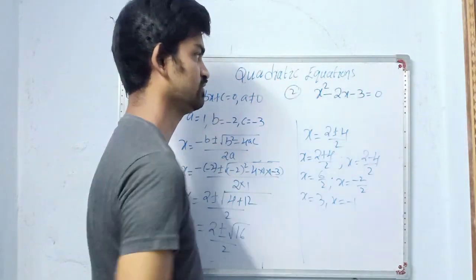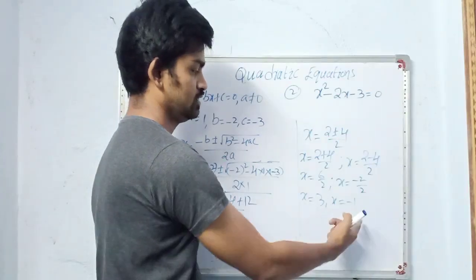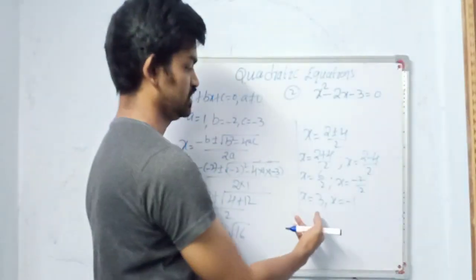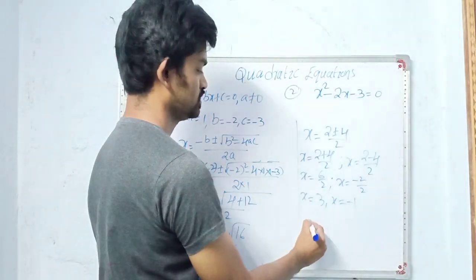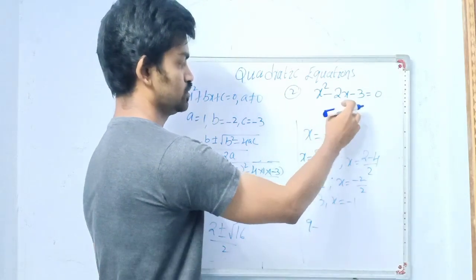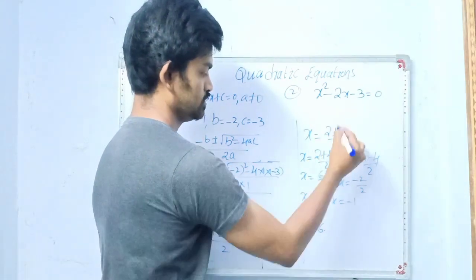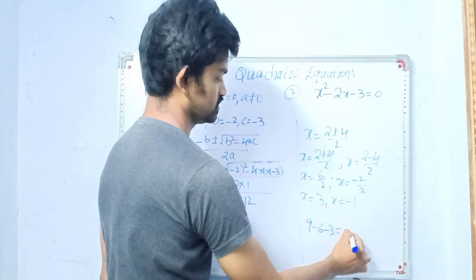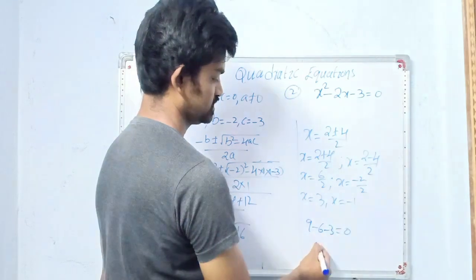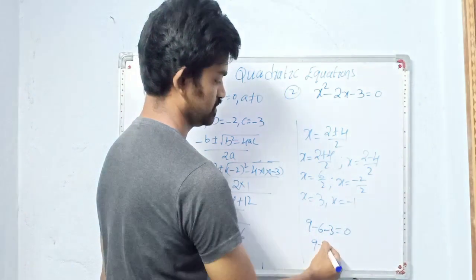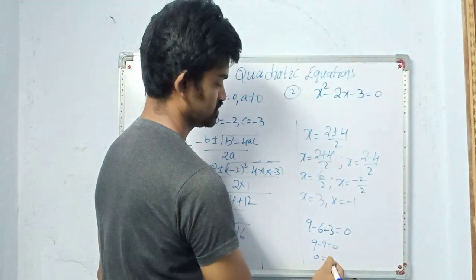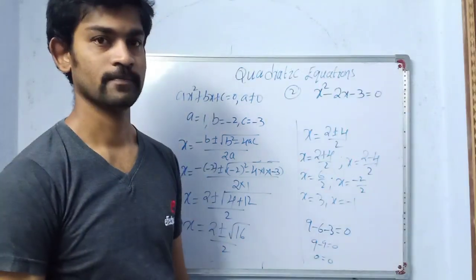If you want you can verify also with 3 or minus 1. So 3, if you substitute, 3 square is 9 minus 2 3s are 6 minus 3 equals to 0. See here 9 minus 6 minus 3 is 0. So 0 is equals to 0, verified. Okay.